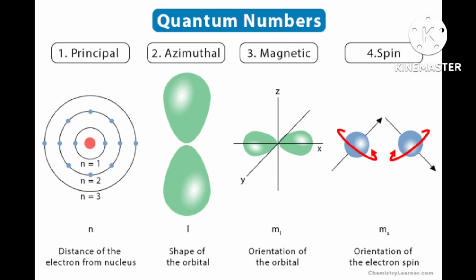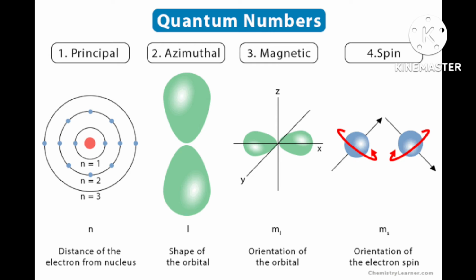Now come to the magnetic orbital quantum number M. Magnetic quantum number M. What does it tell? The magnetic quantum number gives information about the spatial orientation.